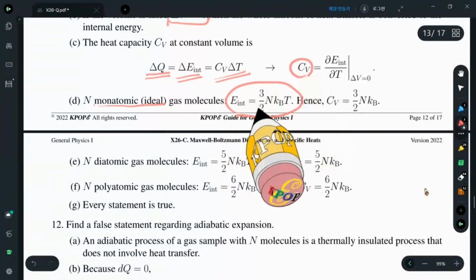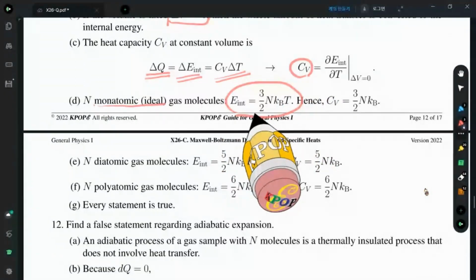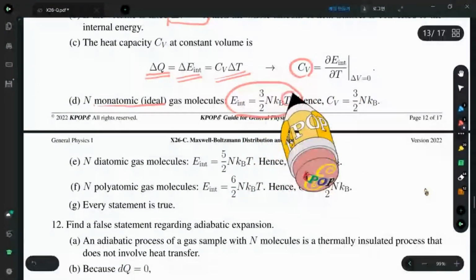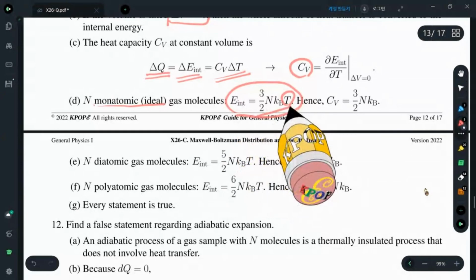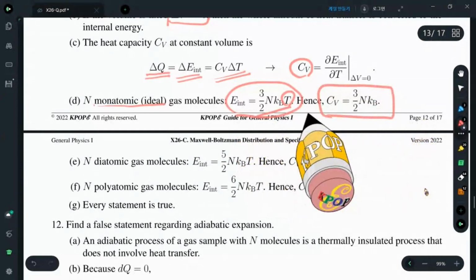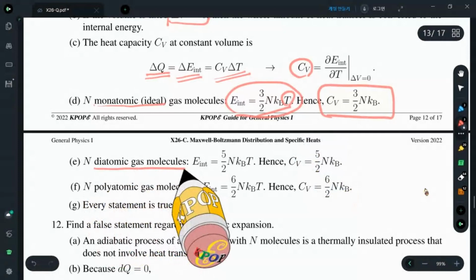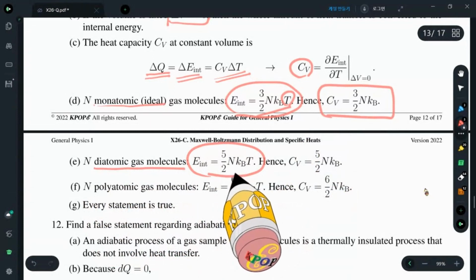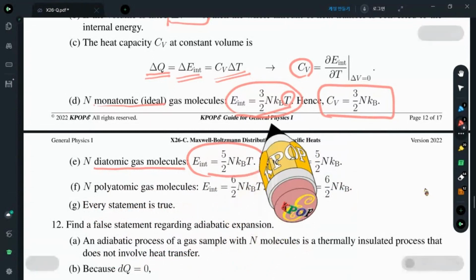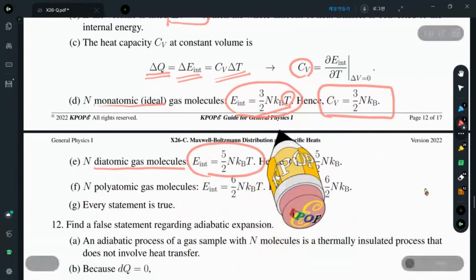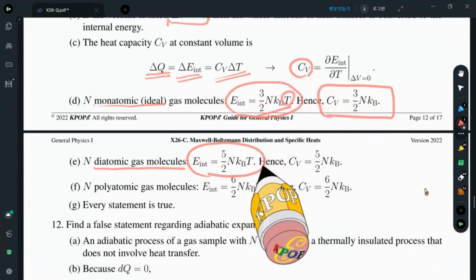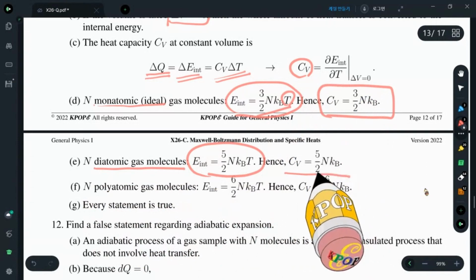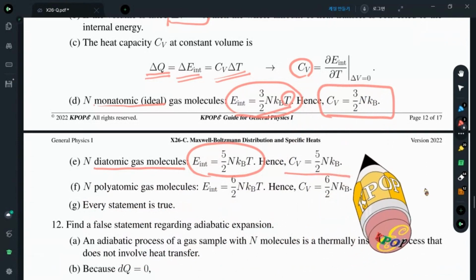CV can be read off from the internal energy formula by taking the derivative with respect to T. This trivial derivative gives CV as 3 times 1/2 N kB. For diatomic molecules, internal energy is 5 times 1/2 N kBT, and taking the temperature derivative, CV is 5 times 1/2 N kB.